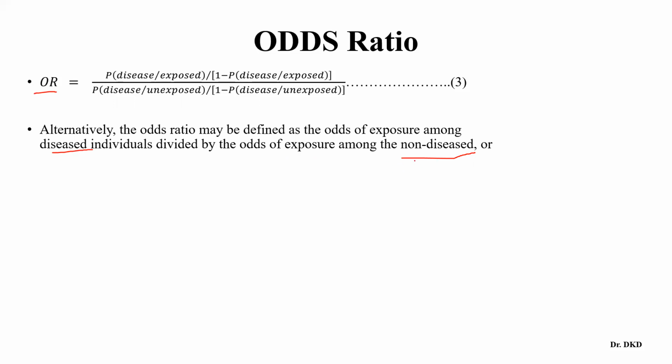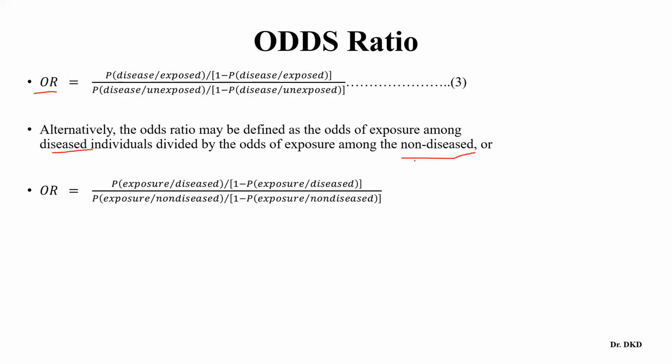So alternatively we can solve it this way. Now the odds ratio can be calculated another way: the probability of exposure among the diseased divided by 1 minus that probability, over the probability of exposure among the non-diseased divided by 1 minus that probability. So we need to use equations 1, 2 and 3 from the previous slide.